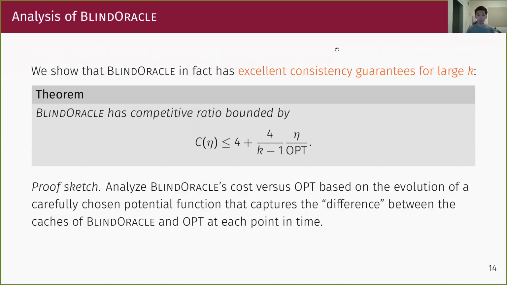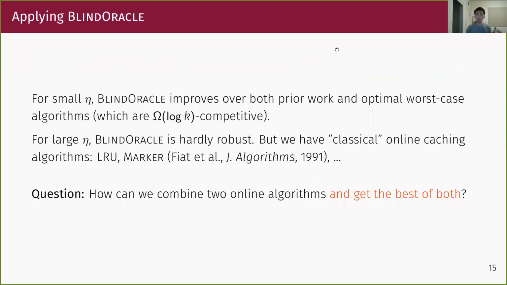And so with this algorithm, we're able to have very good consistency. But what remains is we still have to obtain good robustness. And so for this, we can actually use the more classical online caching algorithms that are worst case competitive.